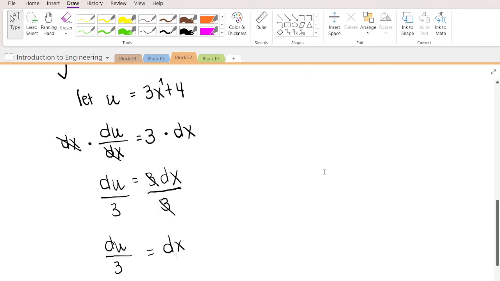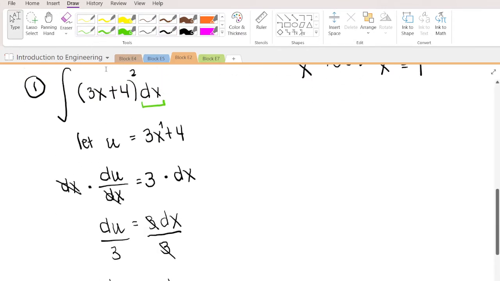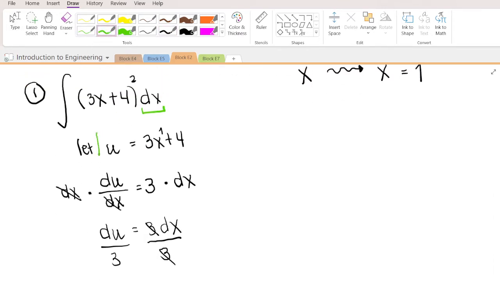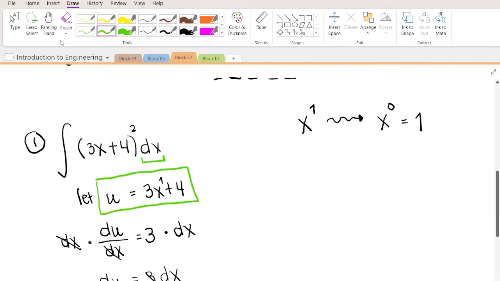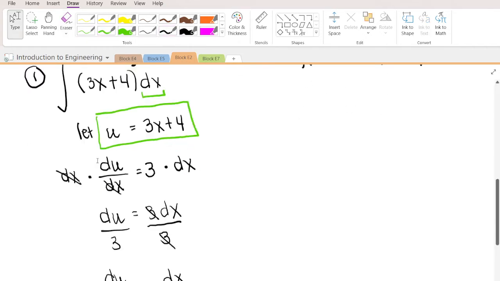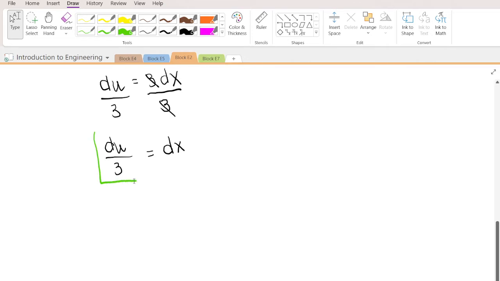So now I have two equations that I can substitute in replacement of the contents in the integral. I have u equals 3x plus 4, and I have du over 3 equals dx.